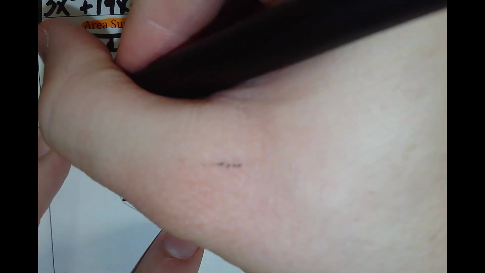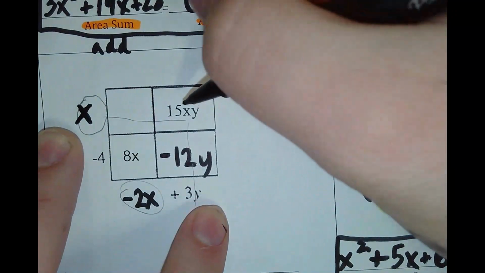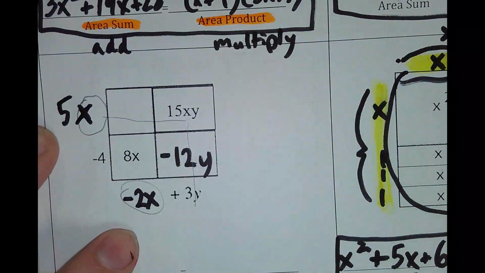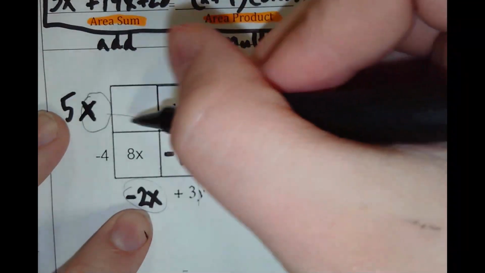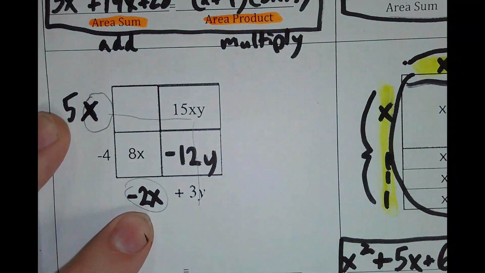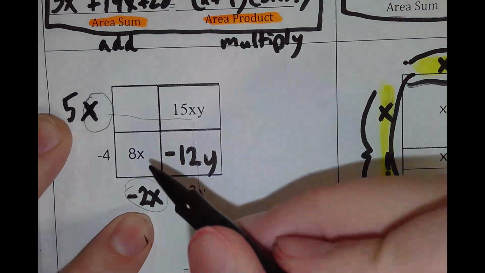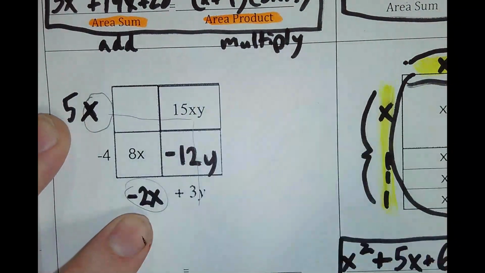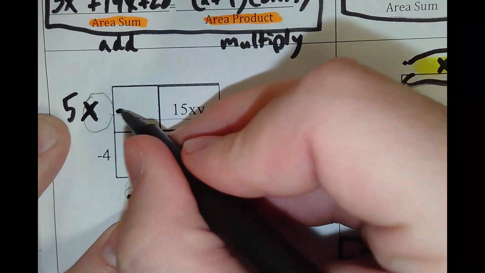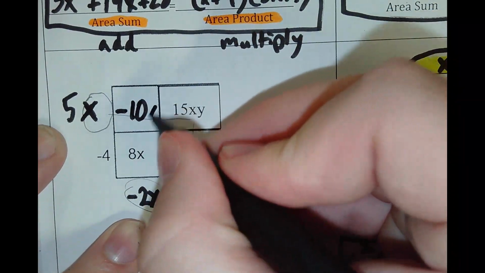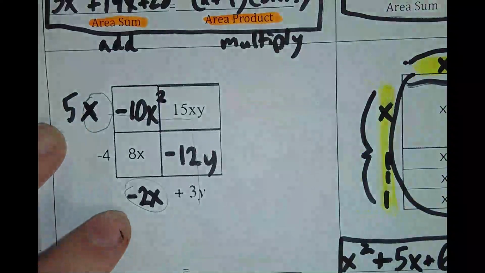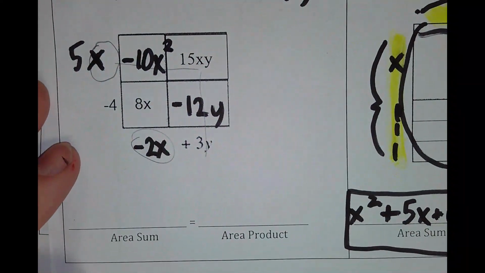So there has to be an x here. And it's going to be 5 times 3 is 15, so that would be 5x. Now finally we can multiply these two to get this piece right here. What is 5x times negative 2x? Don't add them, multiply. 5x times negative 2x is negative 10x squared. Okay, so that's going to finish up this problem.